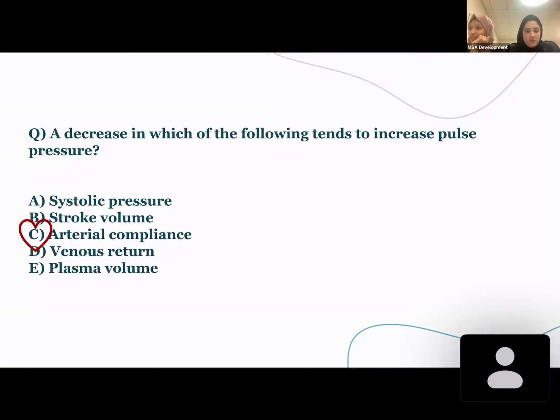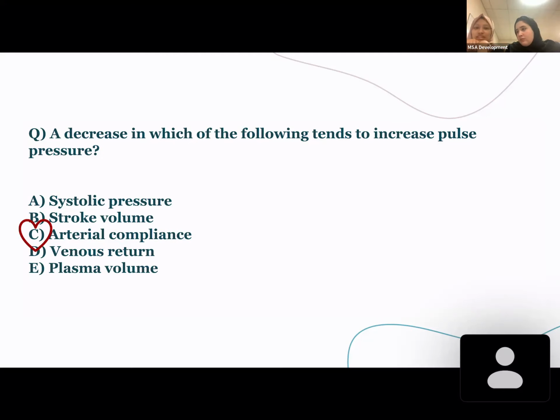Stroke volume would increase, but the question asks about pulse pressure itself, so not stroke volume and not systolic pressure. I hope that's clear.